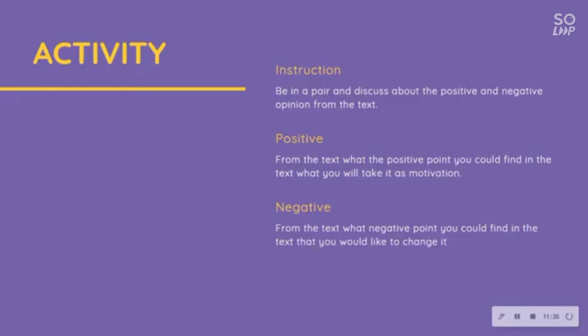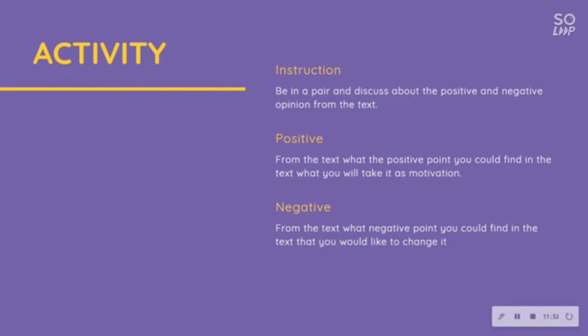So this is a pair. One could take a positive opinion and one would take the negative opinion. If they have the same point, I will ask them to elaborate more so they could see the difference: maybe they have the same point, but the explanation of the point can be a different thing.